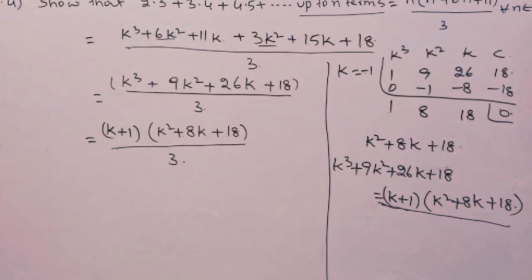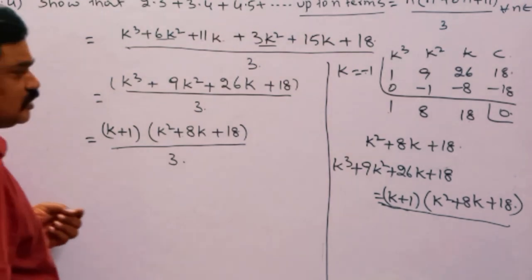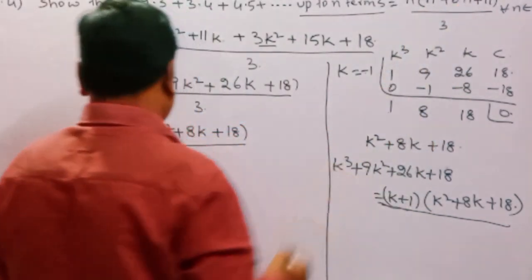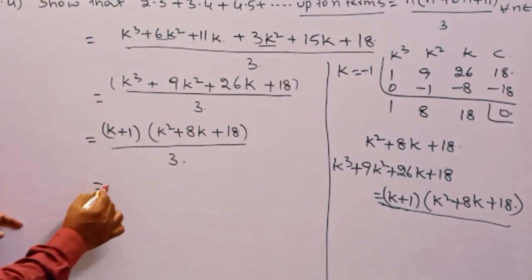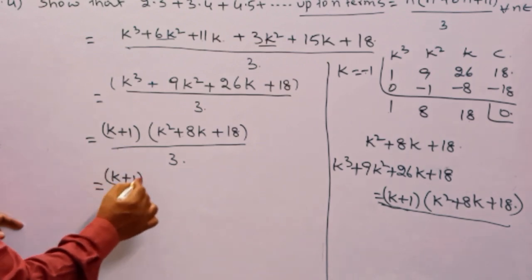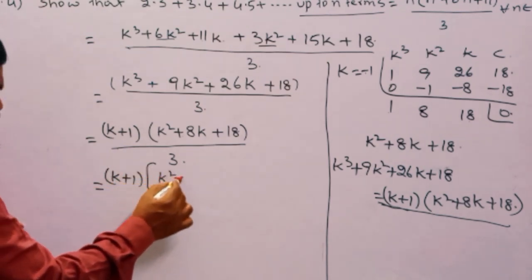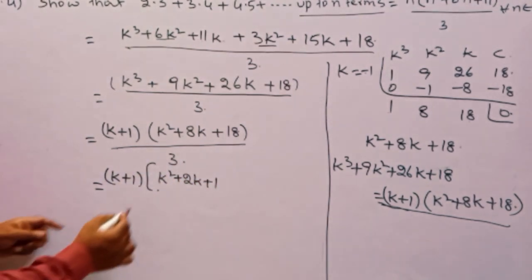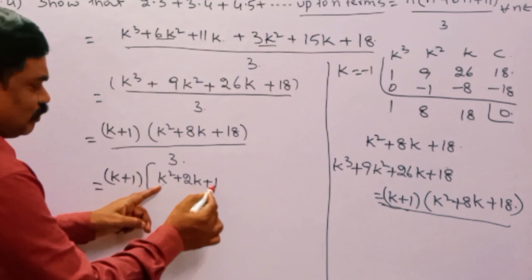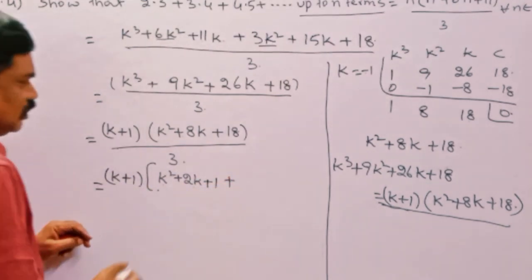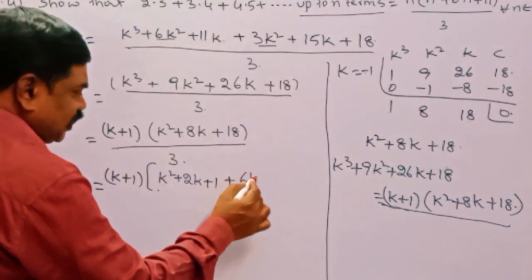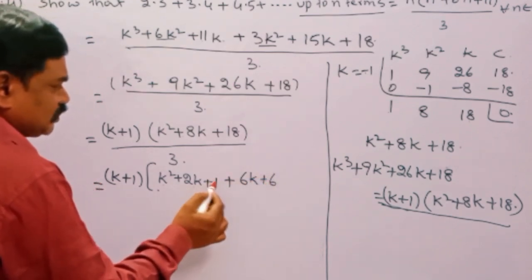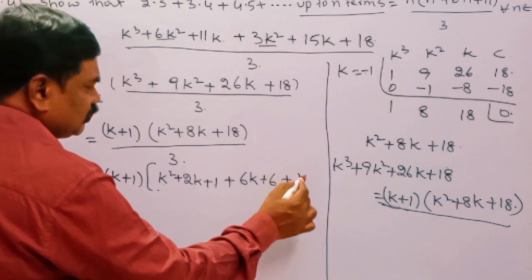Then we can write this, n square plus 6n. Here you write this as k plus 1 of k square plus 2k plus 1, plus here 6k plus 6. 6 plus 1, 7. What is the remaining?